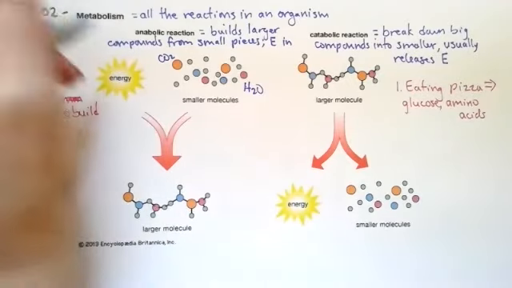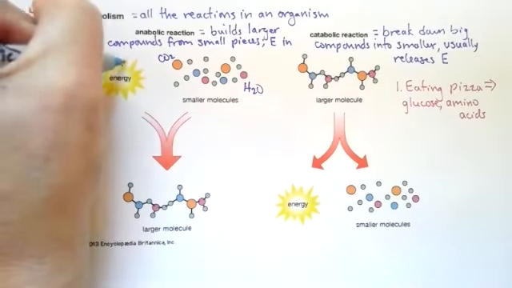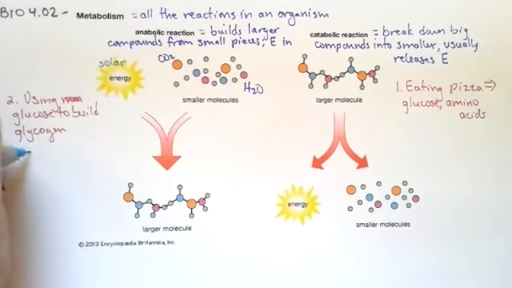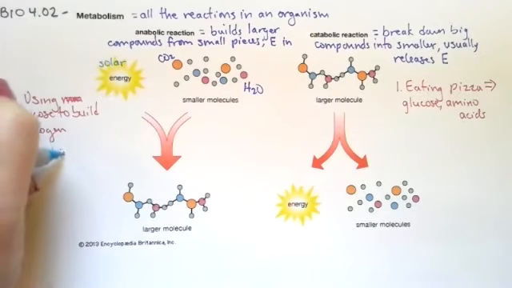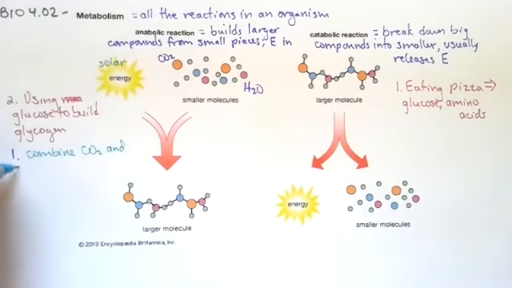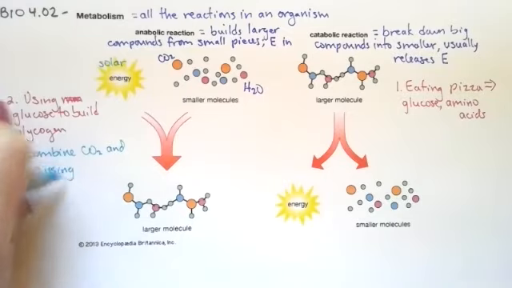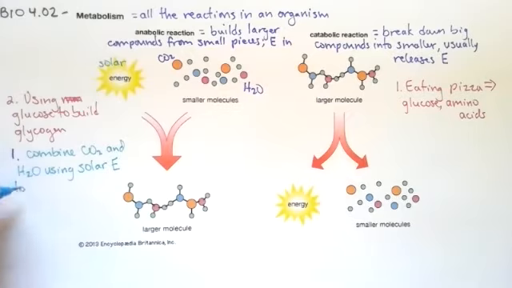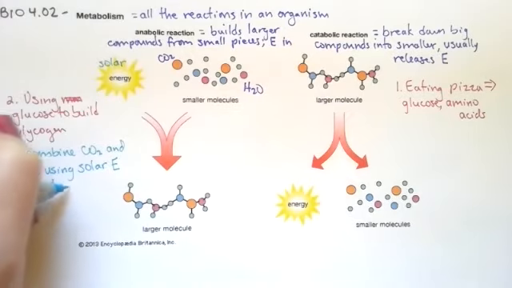In this case, we're going to say solar energy. And we're going to get glucose. So we combine carbon dioxide and water using solar energy to make glucose.